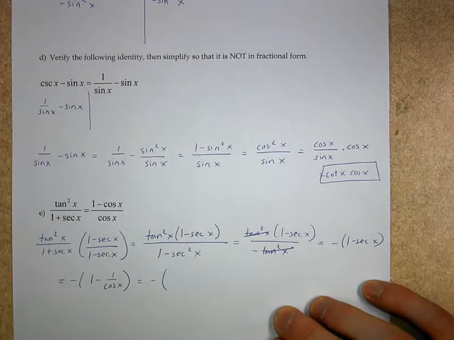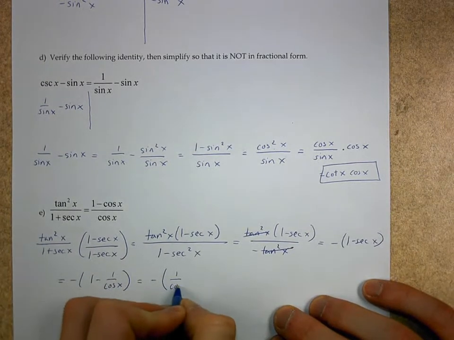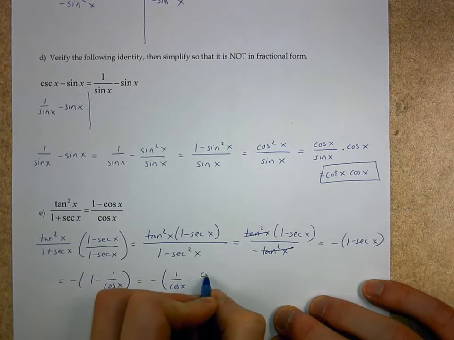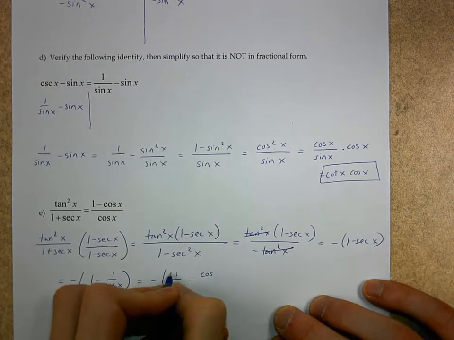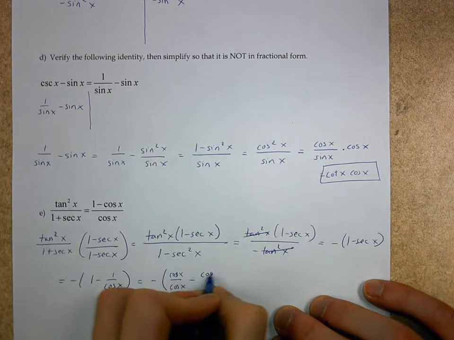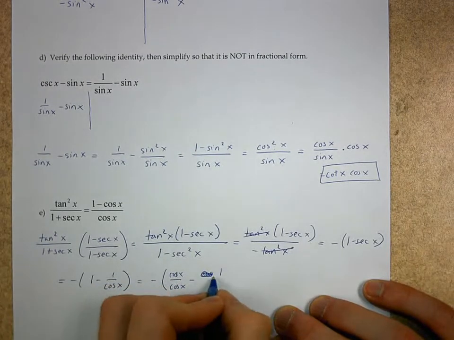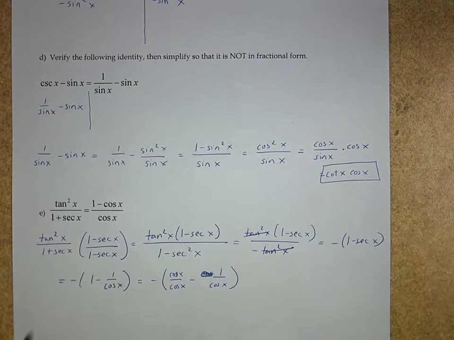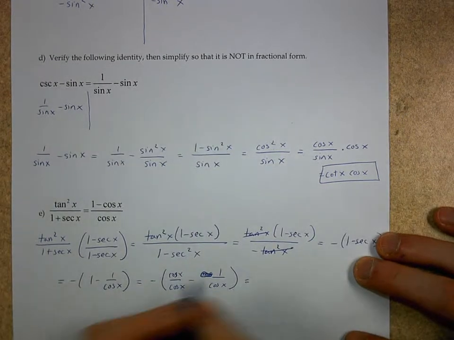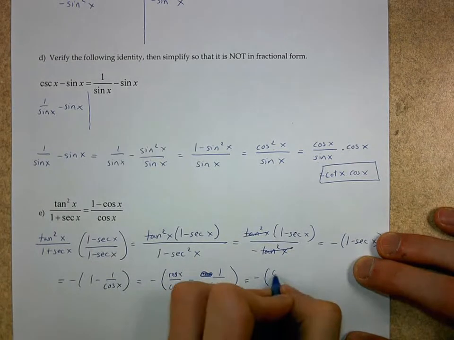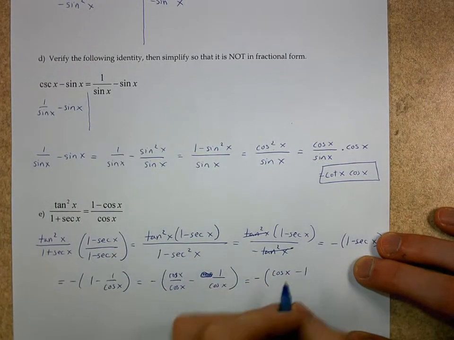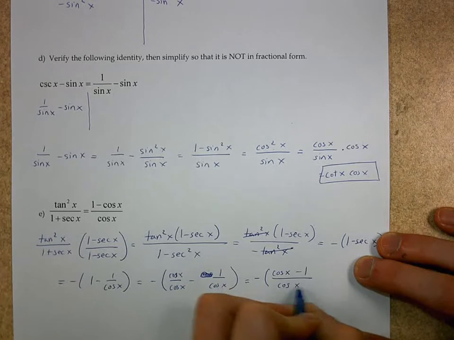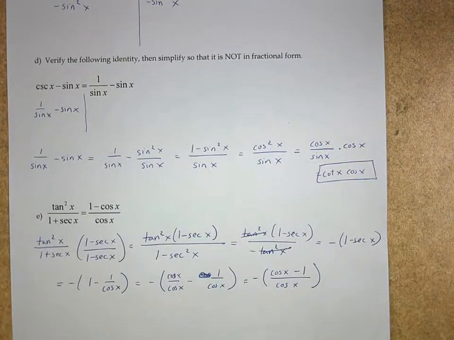We can find a common denominator. Cosine of x over cosine of x minus 1 over the cosine of x. We want to find the common denominator, that 1 there, which is then going to be the same thing as the cosine of x minus 1 over the cosine of x.